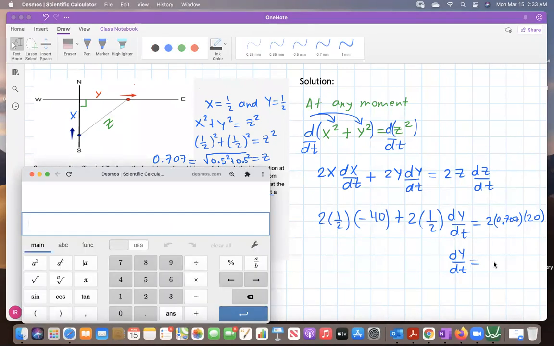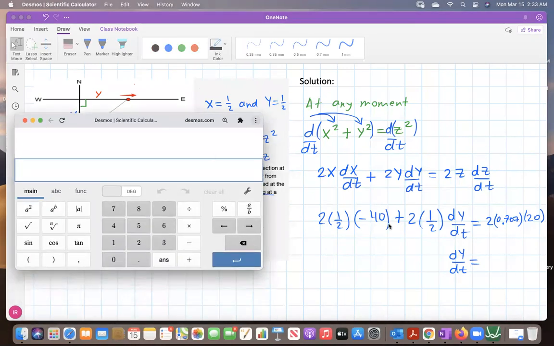calculator, okay? So using the calculator, first, we're going to compute this. Notice this term will go to the right with opposite sign, and in the end, we have to divide by this multiplication, right? So let's do it together. So 2 times 0.707 times 20.